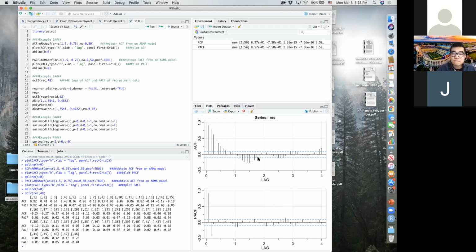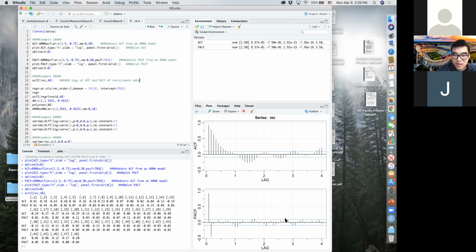However, for the PACF plot, we can see that lag number 1 and lag number 2 are certainly outside of this confidence interval. And after lag number 2, we do not find a lot of lags outside this confidence interval.